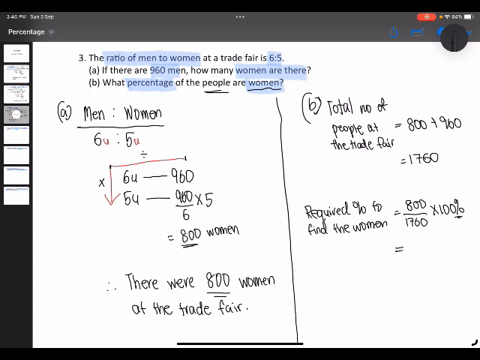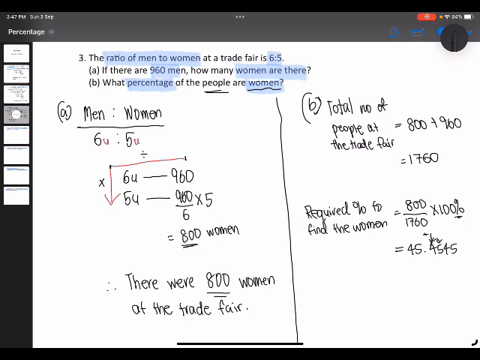which gives a value of 45.4545, and it comes in a string of numbers. If it comes in a string of numbers, round it to 3 significant figures. So this is where the last digit stops. If you look to the right, it's 5.